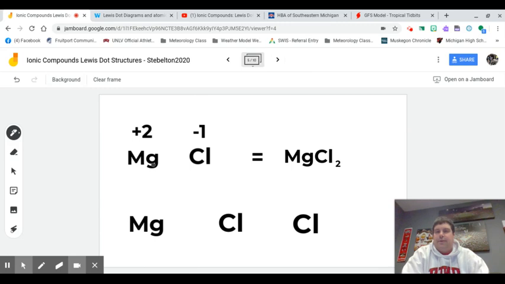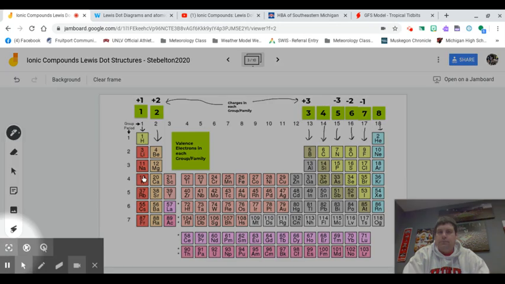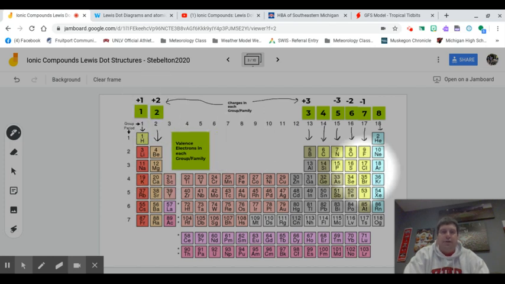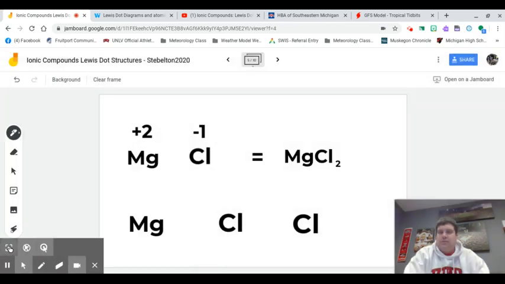Okay, here's another example. Magnesium, going back to the periodic table, has a +2 charge. And chlorine, we just did, still has that -1 charge. So here's magnesium chloride. This is again review from Chem A. Magnesium has the +2 charge, chlorine has the -1.